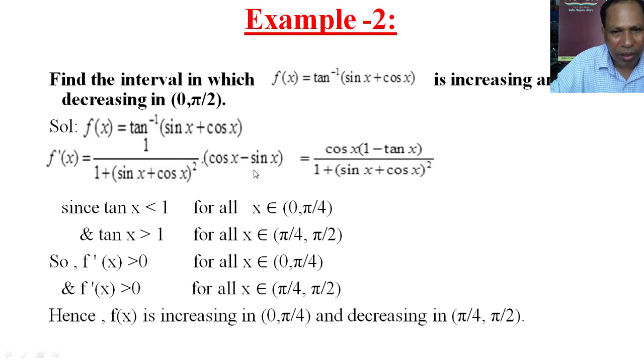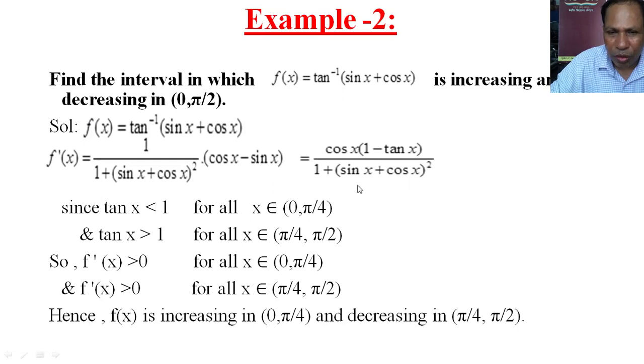On further simplification, taking cos x common, we are left with cos x into (1 minus tan x) divided by 1 plus (sin x plus cos x) whole square. If we observe, (sin x plus cos x) whole square is a perfect square, so it is always positive, and this is added to 1.